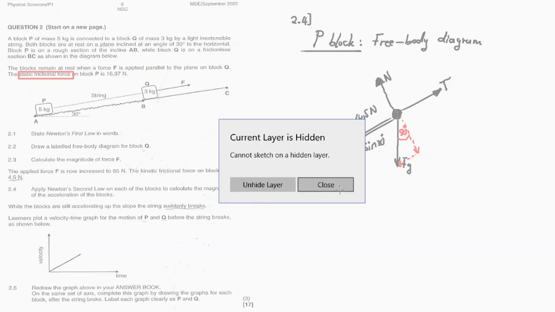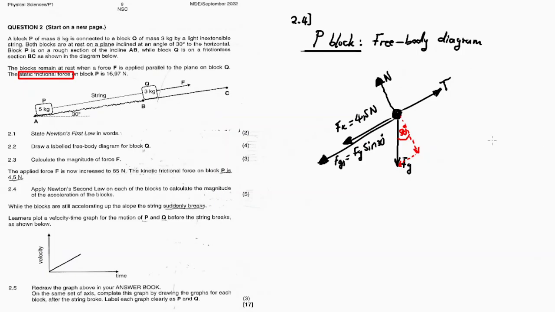Second law. So the second law, F net is equal to MA. F net up is positive, so we have T minus F_K minus F_G parallel equal to 5a.